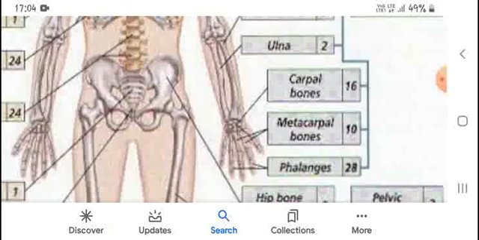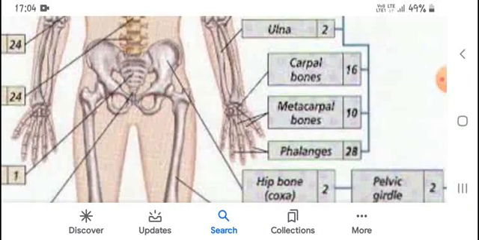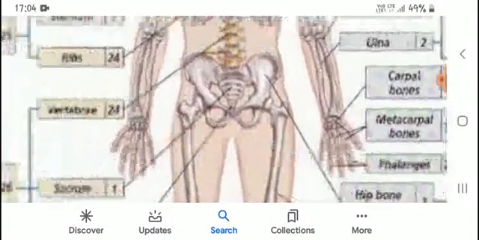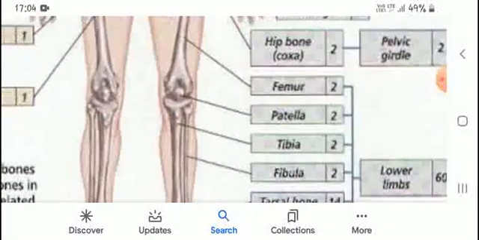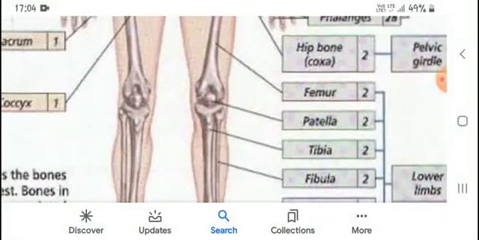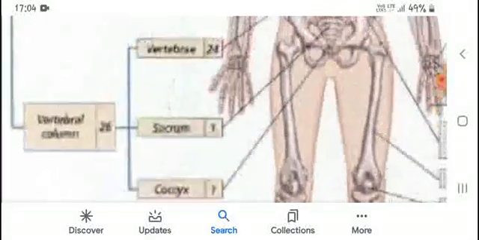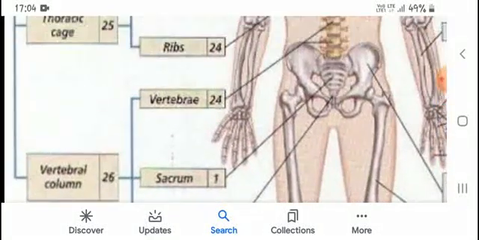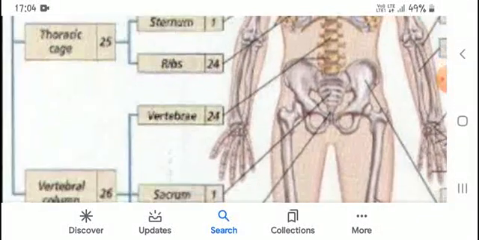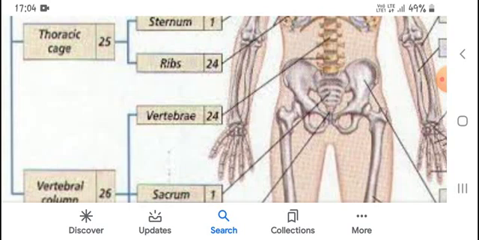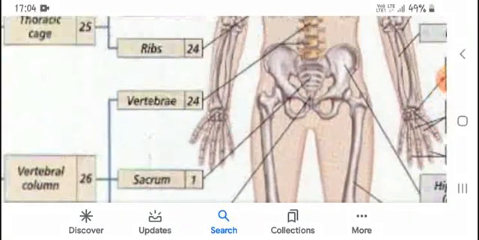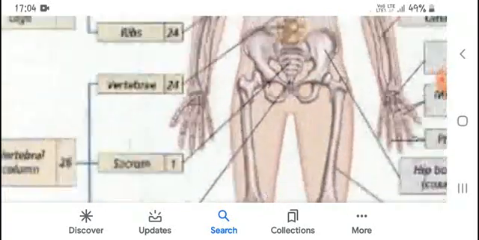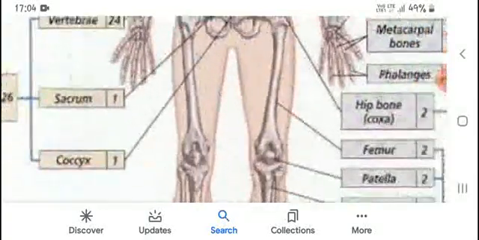Here you can see, and phalanges of the fingers, it is 28 bones. Next, the vertebral column has 26 bones. Here the vertebrae have 24 bones, our backbone, and sacrum has 1 bone. Here you can see sacrum has 1 bone, and coccyx has 1 bone.